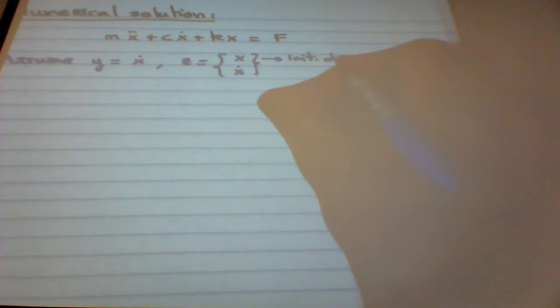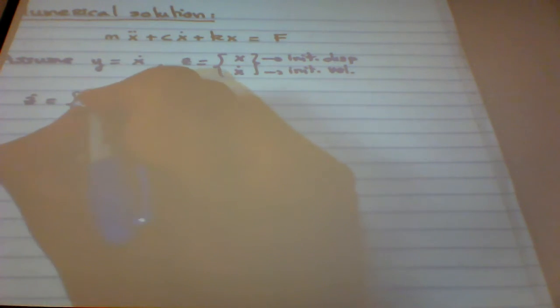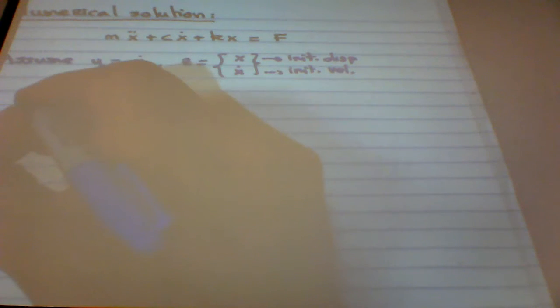So this will be the initial condition, this is the initial displacement, and this will be the initial velocity, okay? And then we say z dot will be equal to what? x dot and x double dot. So this will be what? I think that's it. You can just say that.